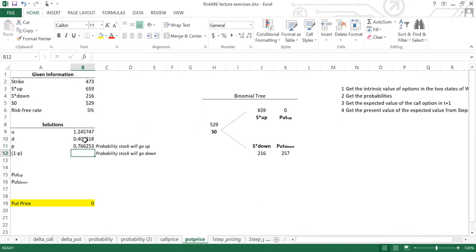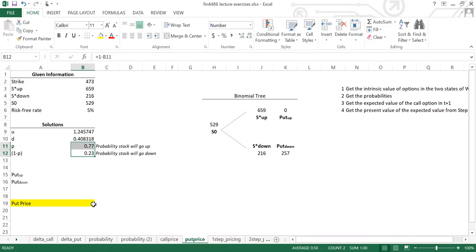And then 1 minus p: if the probability of the stock price going up is 0.77, then the probability that the stock price will move down is just the opposite, 0.23, and that's what we see right here.